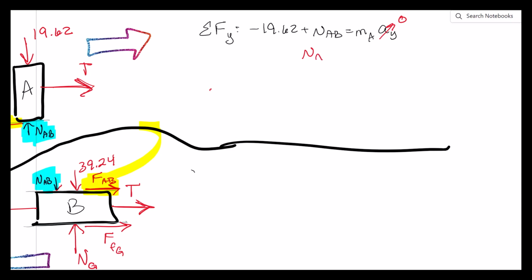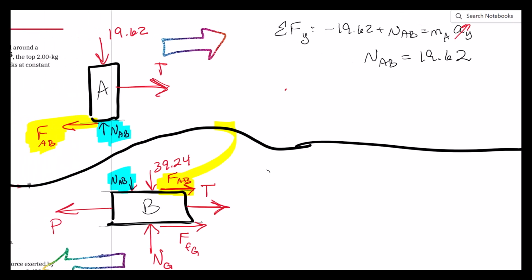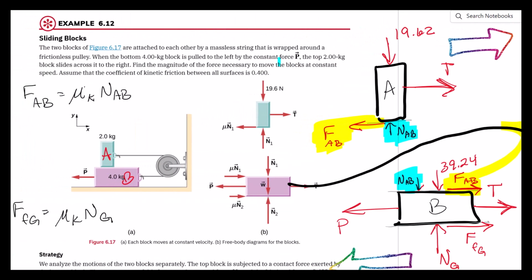Did I call that A? Yeah, okay, this is A and this is B. So NAB is 19.62. Good? Good.